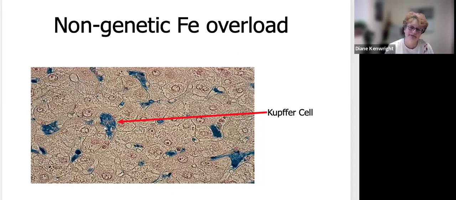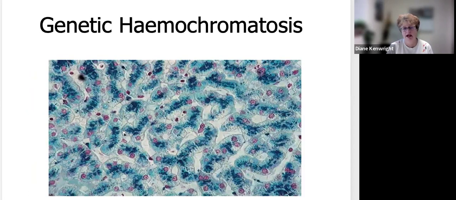The macrophages stay happily there in the sinusoids, and they do not cause the stellate cells to proliferate. And so it does not cause cirrhosis of the liver. In genetic hemochromatosis, the iron accumulates inside the liver cells themselves. It does activate the stellate cells and does cause fibrosis of the liver.